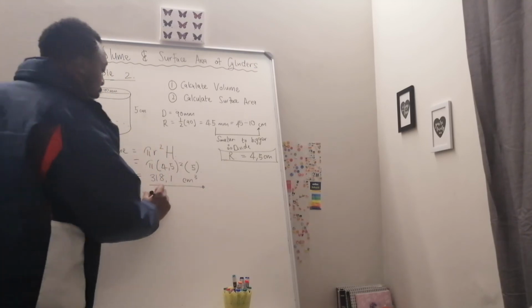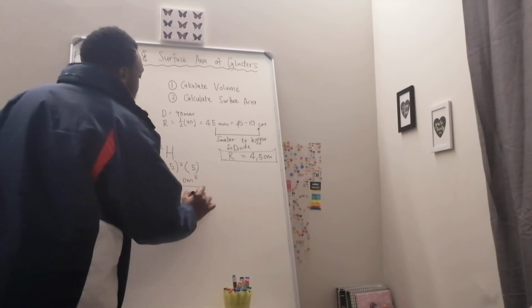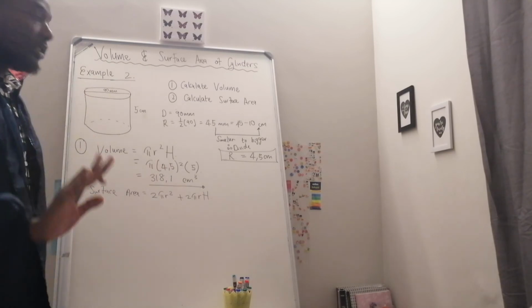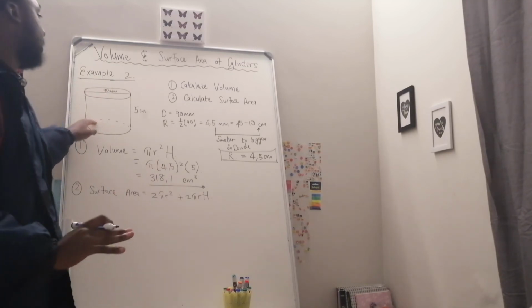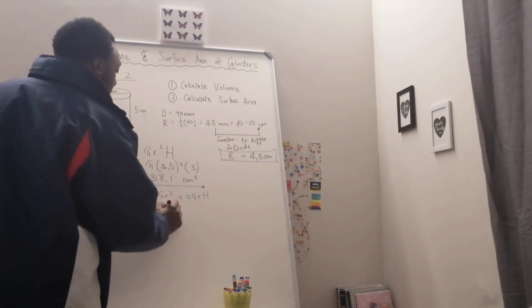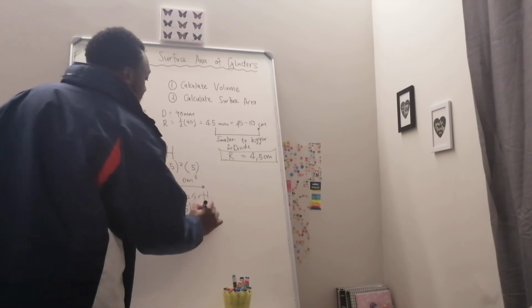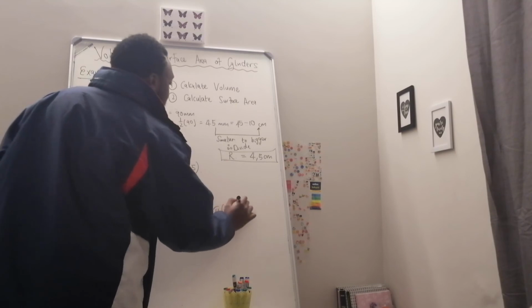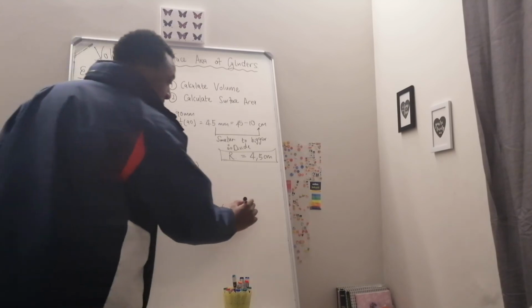Surface area is equal to 2 pi r squared plus 2 pi r h. That's for a full cylinder with the top and the bottom circular face, right? So I put 2 pi, 4.5 for my radius, I square it. Plus 2 pi, 4.5 for my radius. I don't square it on this side, right?